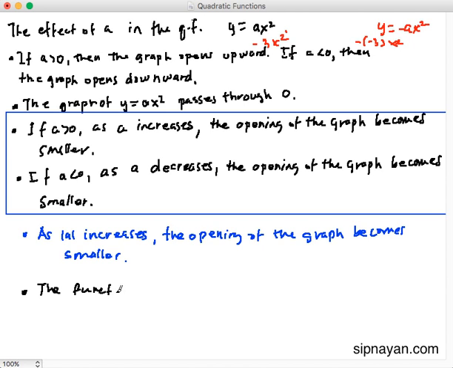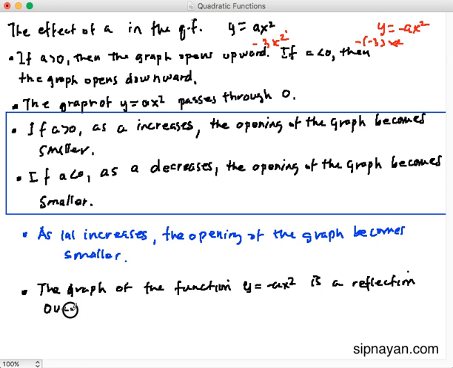So, the graph of the function y equals negative ax squared is a reflection over the x-axis of y equals ax squared.